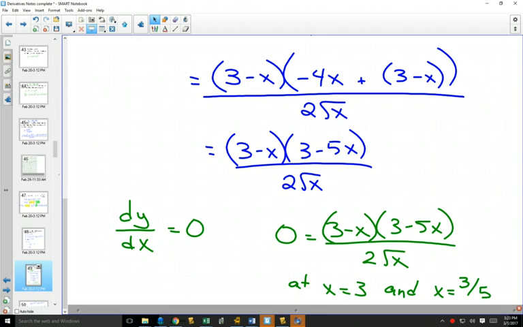And the fact that I've already got my numerator factored, you should be able to see that when you plug in x equals 3, the top will equal 0. Or if you plug in x equals 3/5, that'll make that second factor equal to 0. And so the tangent will be horizontal at x equals 3 and x equals 3/5.